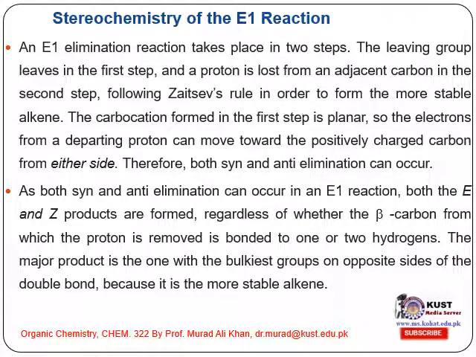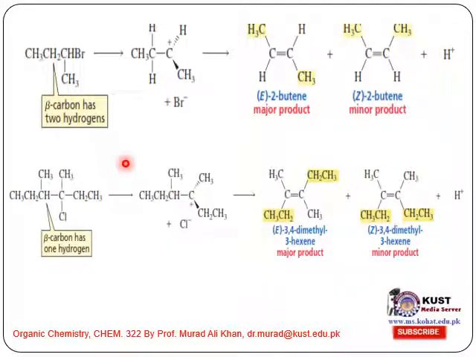Here, this beta carbon has two hydrogens. So the bulkiest groups attached are on the opposite side. So E is E-2-butene, this is the major product, and Z is the minor product.